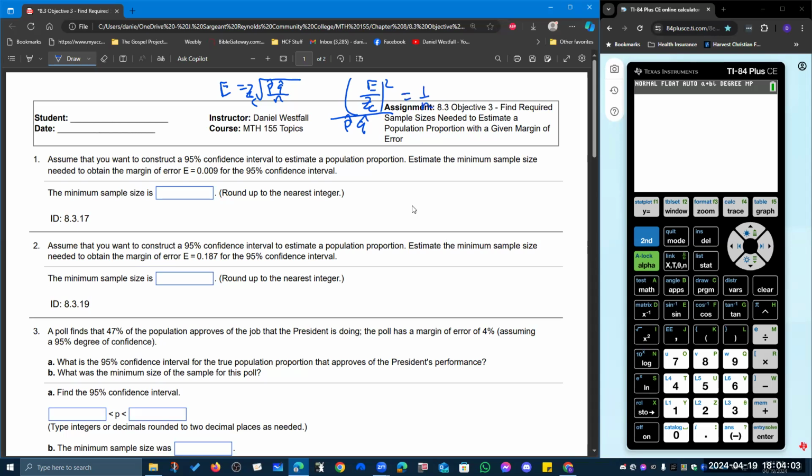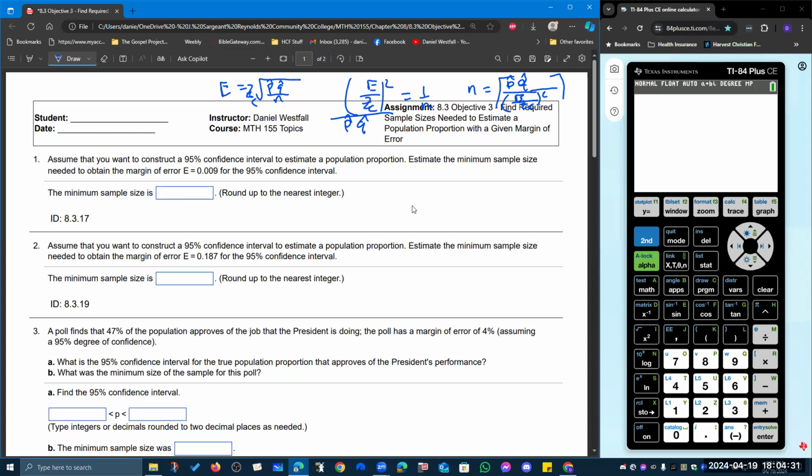We need to take the reciprocal of both sides and say n equals p hat q hat over E over z sub c, squared. We need this to always be an integer bigger than the number that we get.